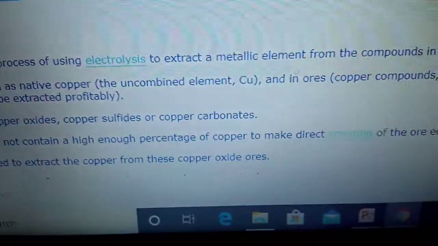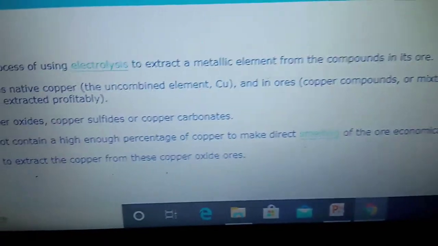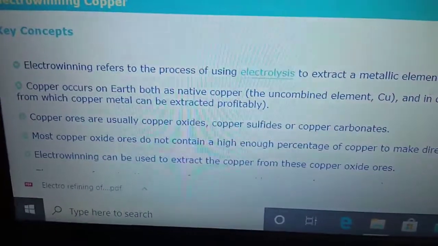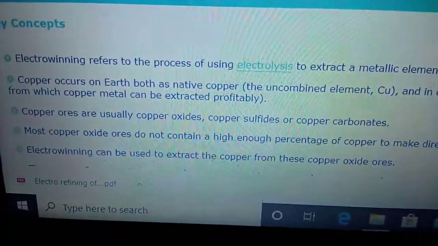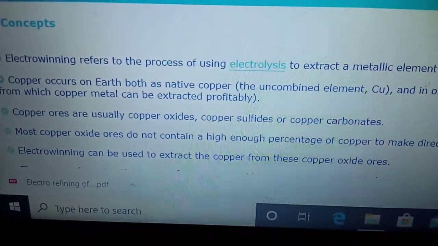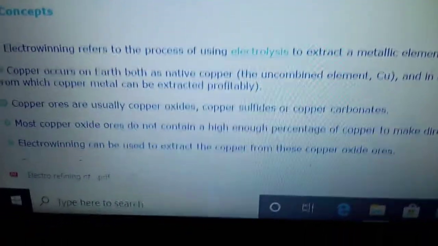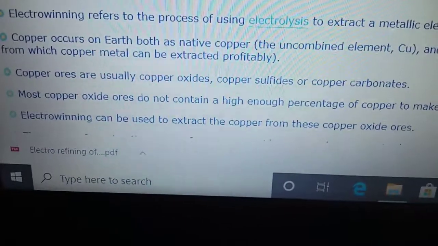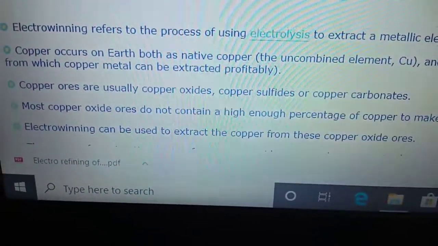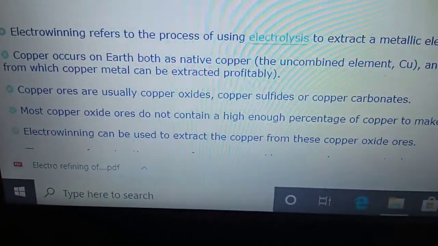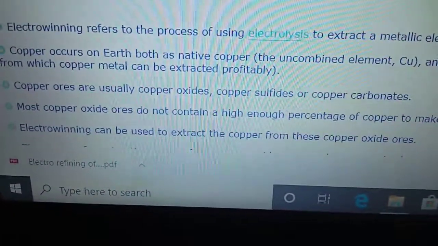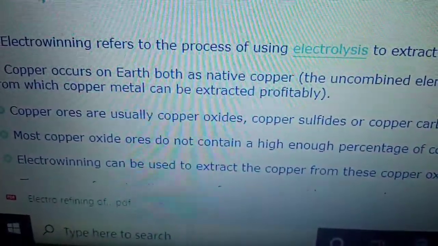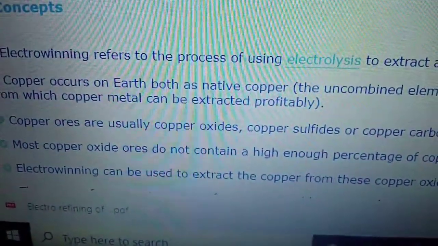In most of the cases, copper is in the form of compounds, and as I have discussed with you in your class, most of the copper is present in the form of sulfides, but some of the copper is present in the form of oxides and carbonates, etc. As I had told you, on the surface of mines it may be in the form of oxide, but in most of the cases that is at the surface only.